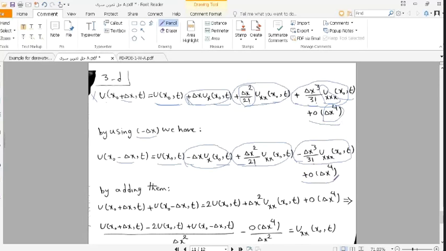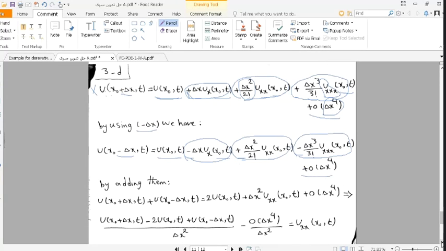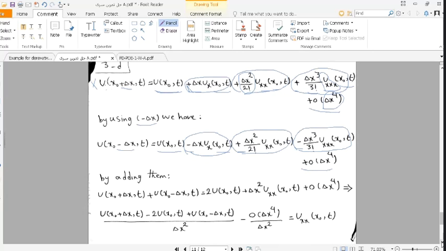Okay. This time, we are trying to add these two expressions with each other. We are trying to add the first line to the second line.